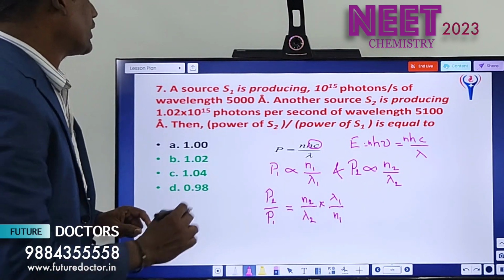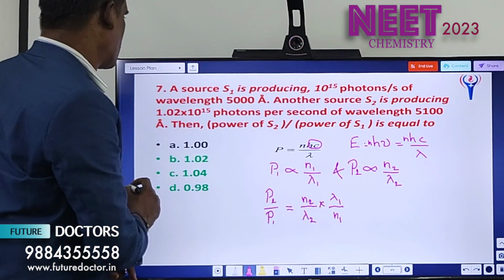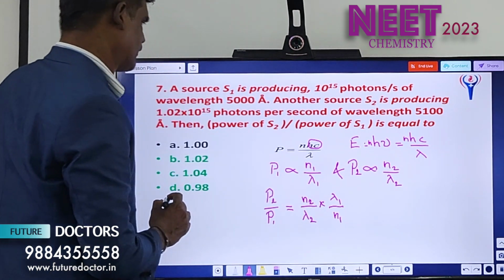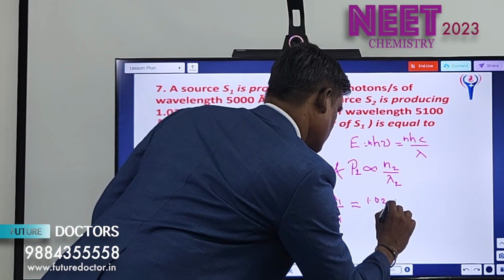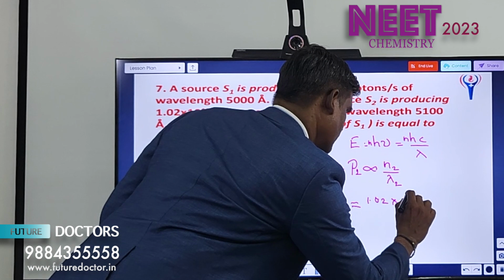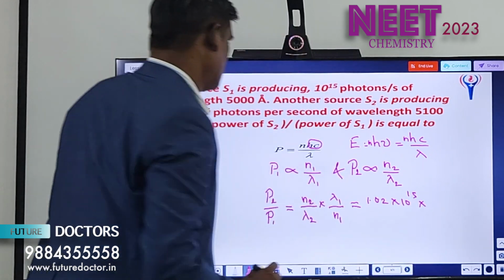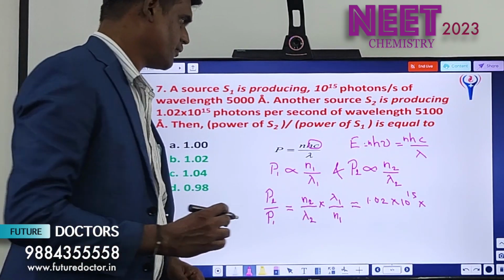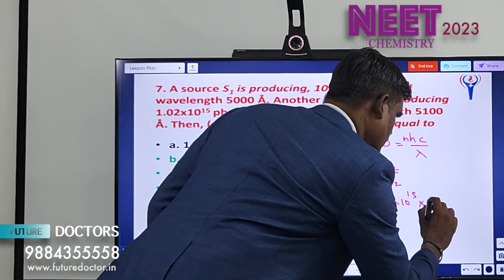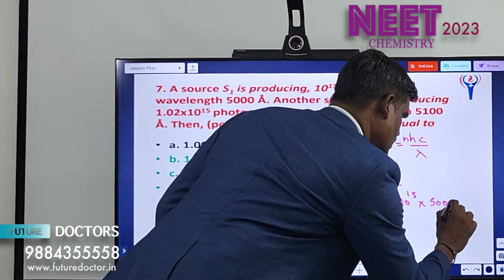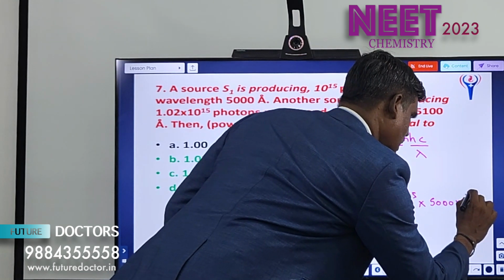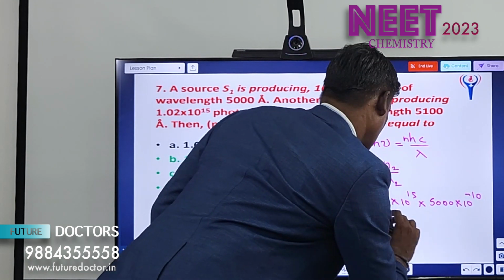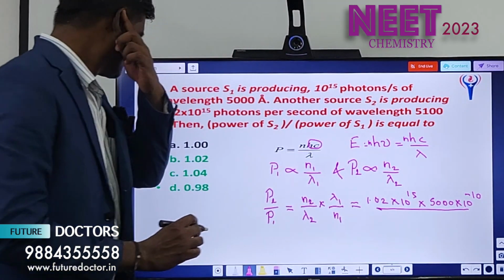And N2 is given. What's the value of N2? 1.02 into 10 power 15, into lambda 1. What's the value of lambda 1? 5000 angstrom. Convert into meter, 5000 into 10 power minus 10, divided by lambda 2.